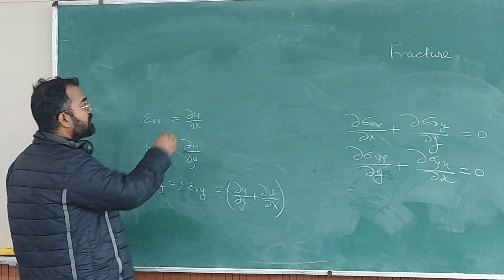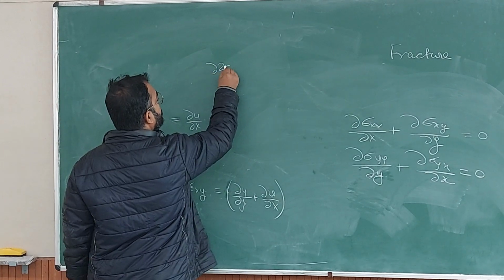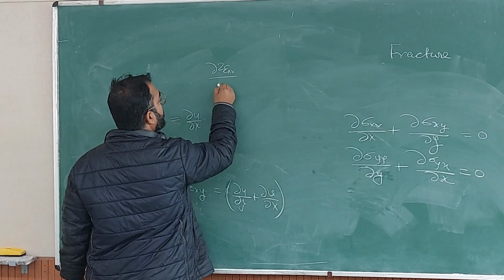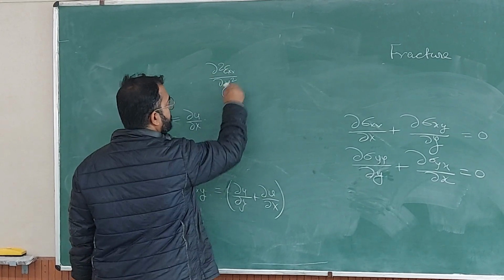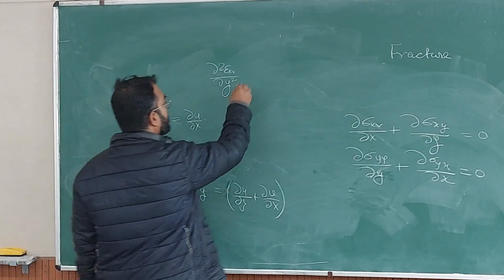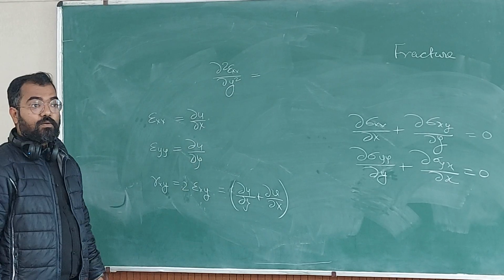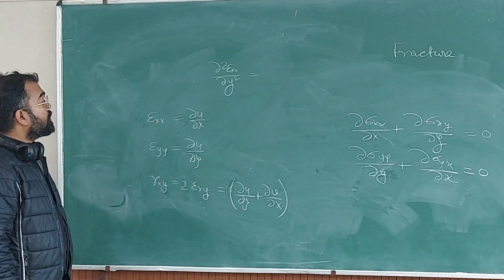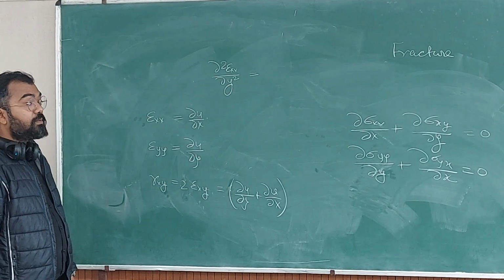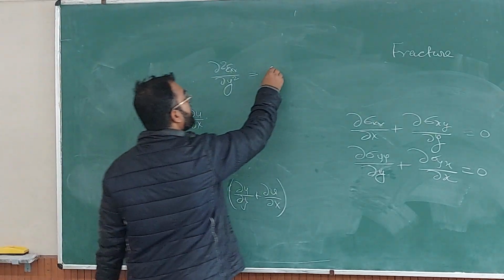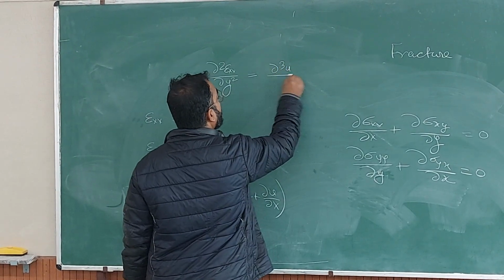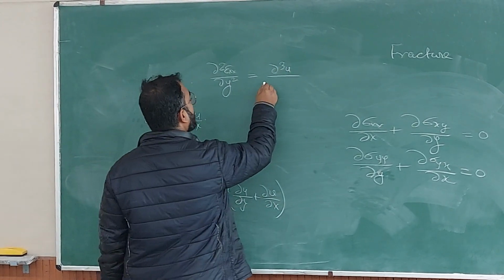So the rate of change of epsilon xx in the y direction will be how much? If you calculate from this, that will be del 3u by del x del y square.